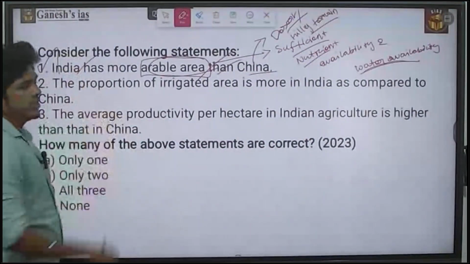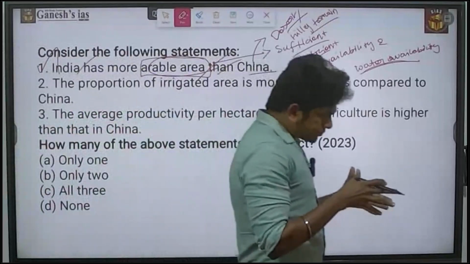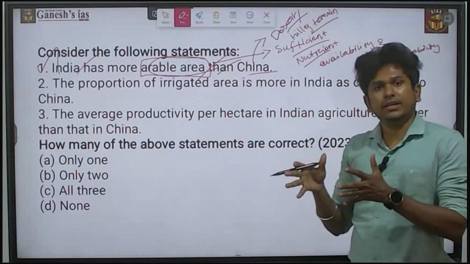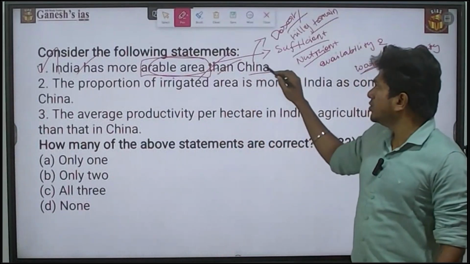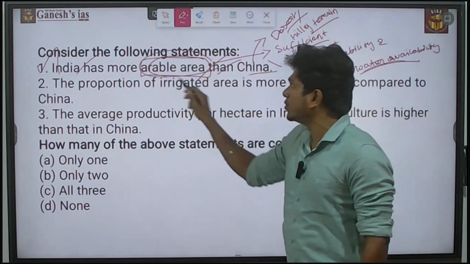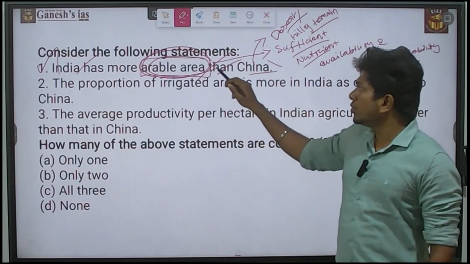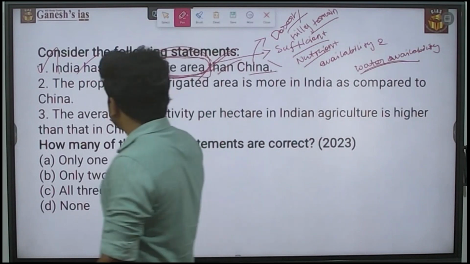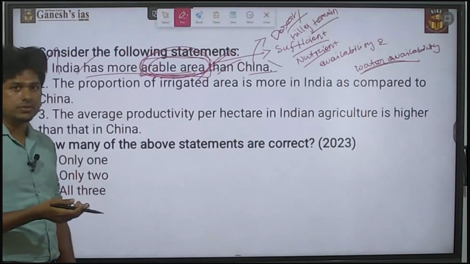This statement is actually right. But what the aspirants will do is just compare the land area, and then they will say this statement is wrong. But it is not about the land area, it is about arable area. So you have to know what arable area is. This is what was discussed in that current affair.